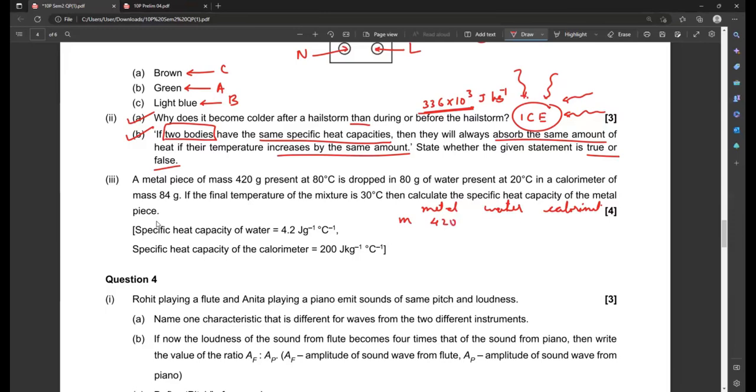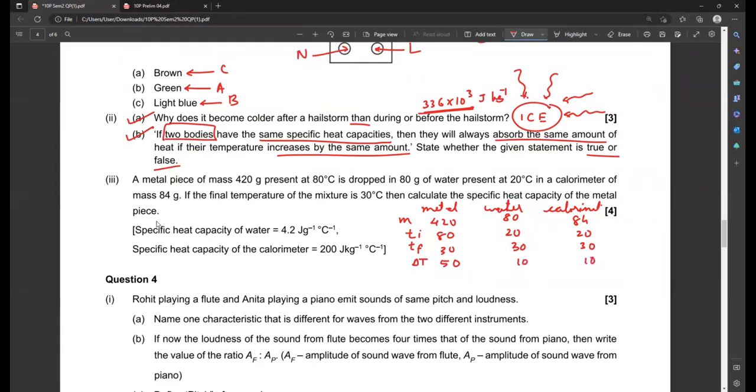Mass of metal is 420, mass of water is 80, and calorimeter is 84. The initial temperature is 80, 20, 20. The final temperature is 30. Therefore delta T is 50, 10 and 10.